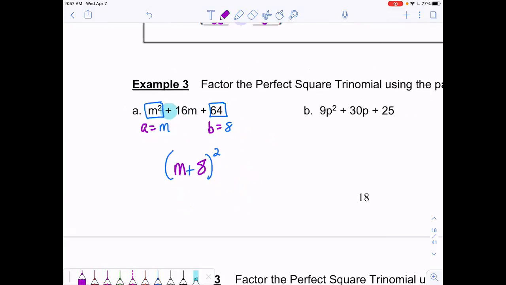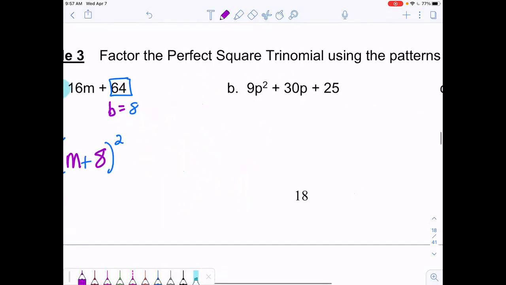If we look at the one next to it, we have 9p squared plus 30p plus 25. Again, we're focused on the first and the last to find A and B. Jason, if we have 9p squared, what would A be? And then you have 25, so B is 5.